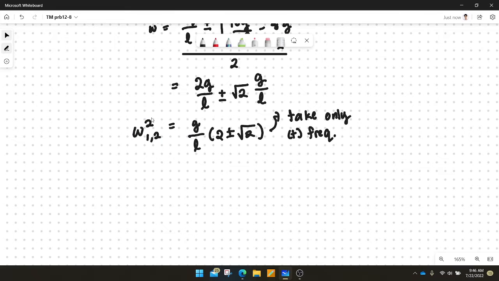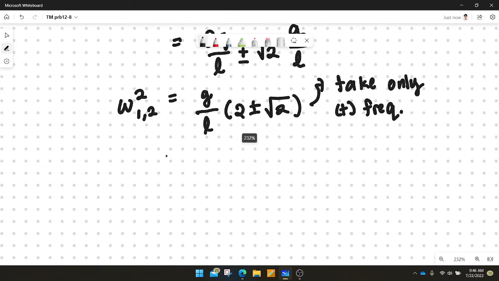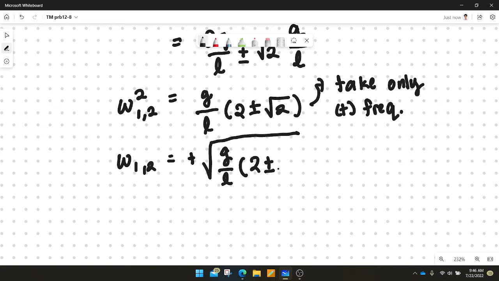So omega 1 and 2 are the positive square root of g over L times 2 plus minus square root of 2.